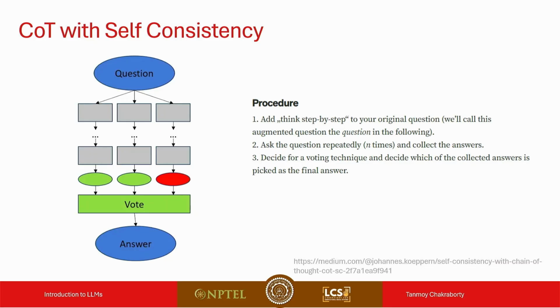After chain of thought prompting, people also suggested something called chain of thought with self-consistency. Here the idea is that you ask the same question to the model multiple times, as all these LLMs are stochastic. Some of you know that these models are called stochastic parrots. Why parrot? Because these models mimic, the way a parrot mimics what it learns.